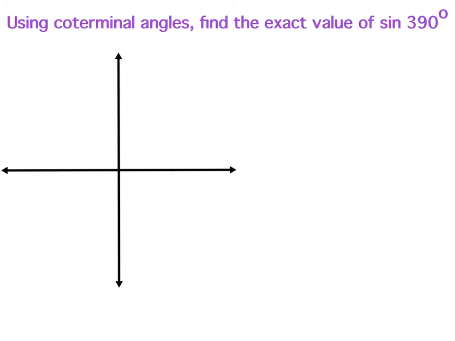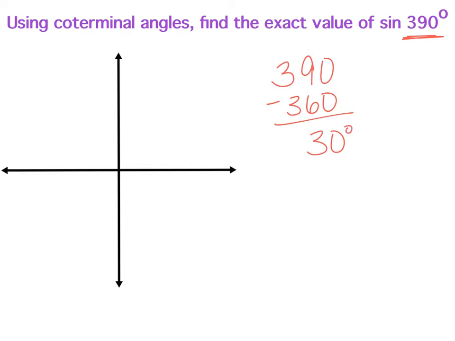So let's use coterminal angles to find the exact value of sine of 390 degrees. So 390 degrees is 30 degrees beyond one turn around the Cartesian plane. If I start with my initial side, I go around once, that's 360.